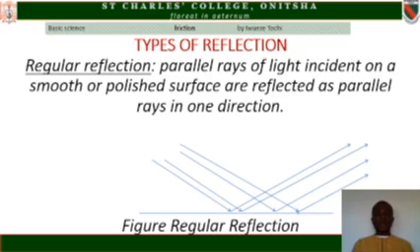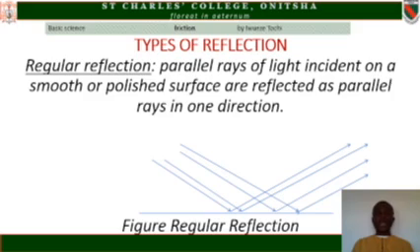Regular reflection. Parallel rays of light incident on a smooth or polished surface are reflected as parallel rays in one direction. Now, in regular reflection, you see that the rays of light are reflected as they are incident on a plane surface.